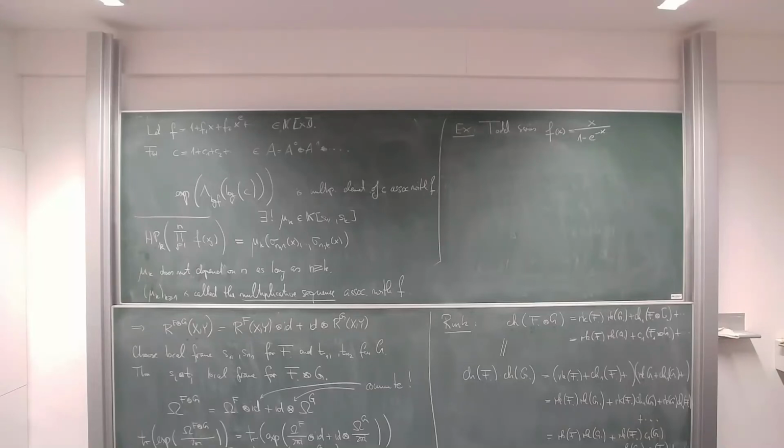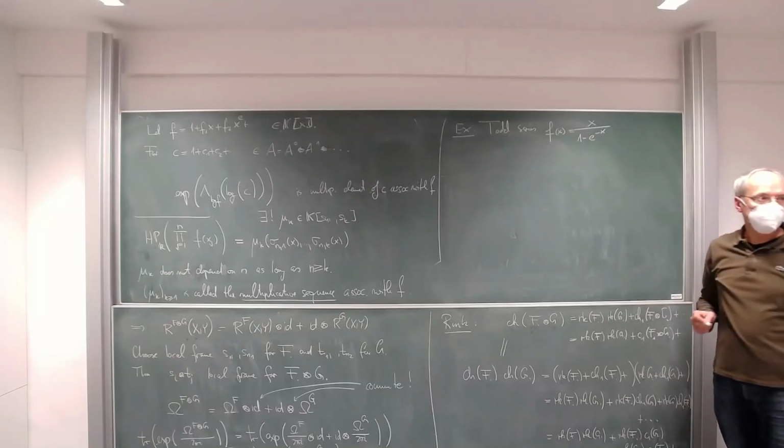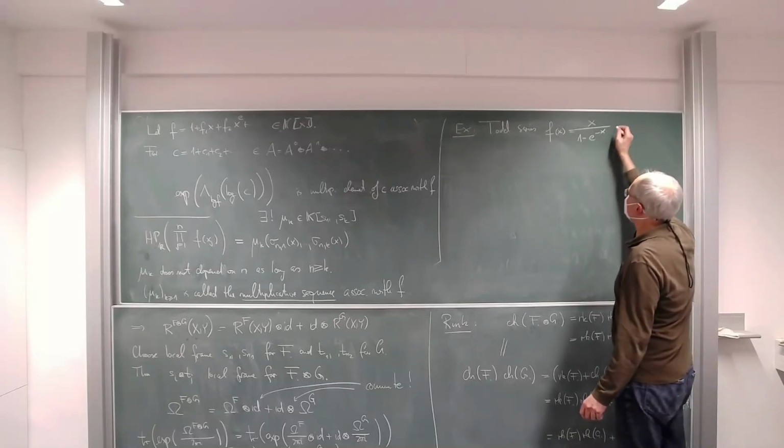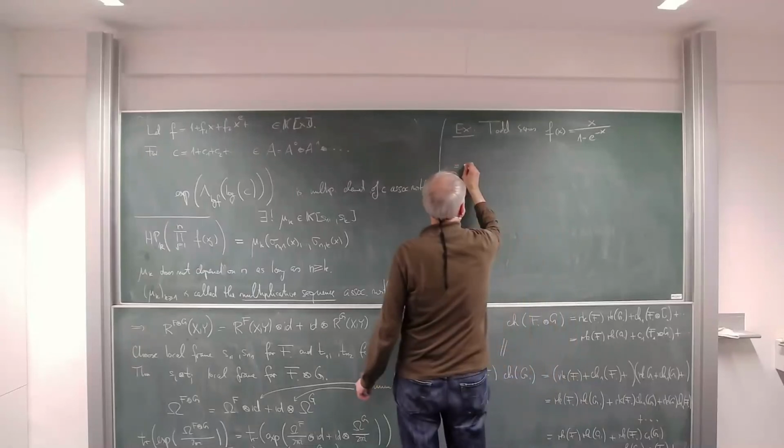And well, I could argue, this is a smooth function. It's also smooth at x equals 0, and I take its Taylor series. But I can also do the manipulation entirely in the space of power series. So let's see what this actually is.